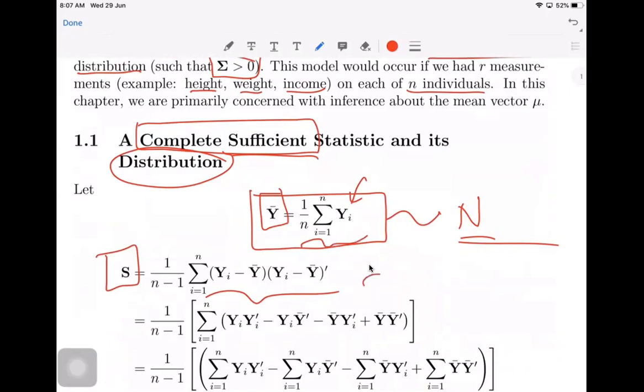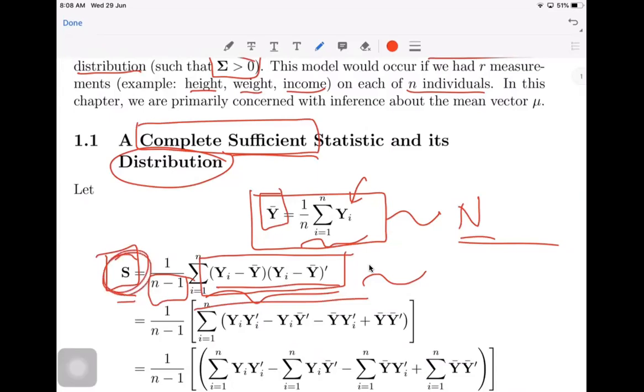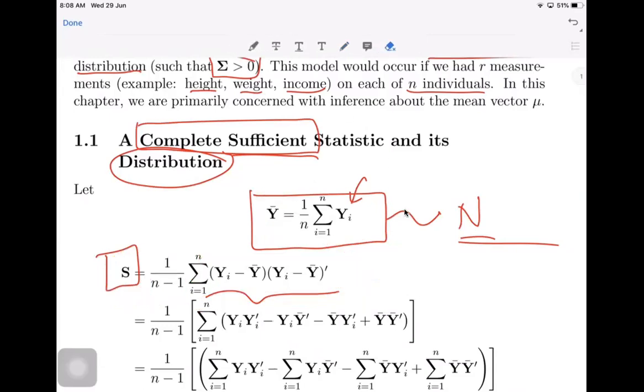And what will be the distribution of S, having a quadratic transformation of your y divided by n minus 1? What is your expectation?